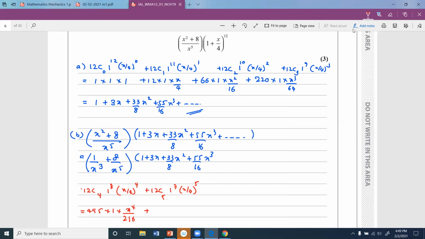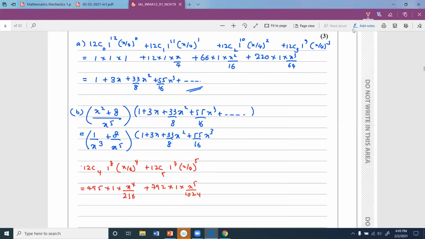12c5 is 792, into 1 into x to the power 5 over 4 to the power 5, which is 1024.